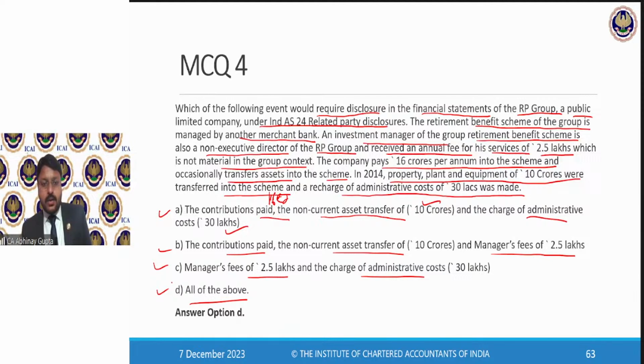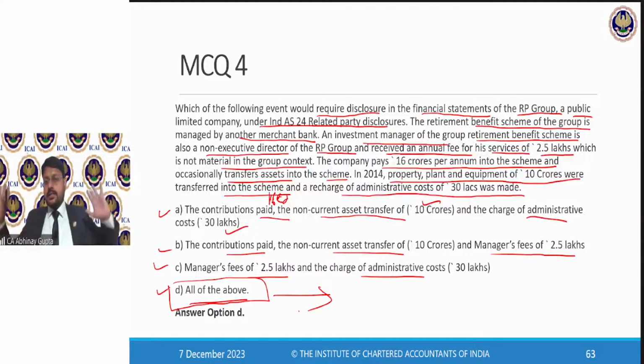So there are no exemptions or relaxations available anywhere for any parties other than the government, right? Have we discussed any exemptions or relaxations on account of materiality, immateriality for any transactions? What I have said throughout the session, all transactions need to be disclosed with the related parties.